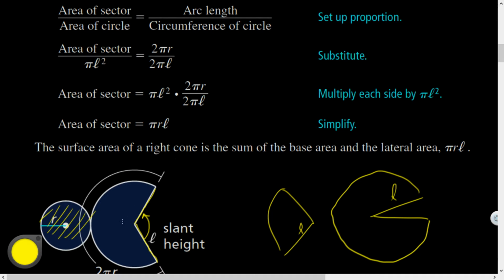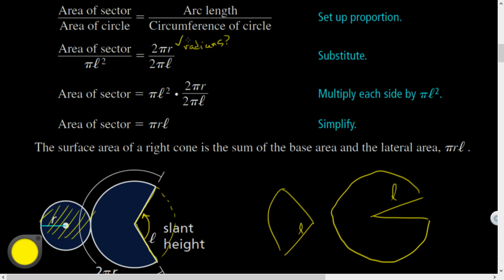And it turns out that if you solve for the area of this sector, the area of the sector over pi times L squared, if it was a full circle, would equal the arc length over 2 pi L. Where's 2 pi r coming from? We know that this is 2 pi r because, like I said, it's got to wrap around the smaller circle.